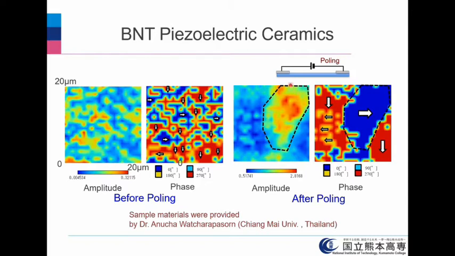We can get such large domains. In this case, we don't have any domains, and we get the domains by poling. And this domain has a polarization direction of this, and this red region has the polarization like that.